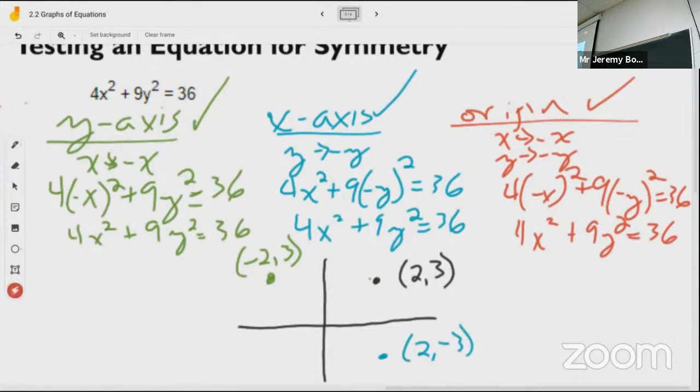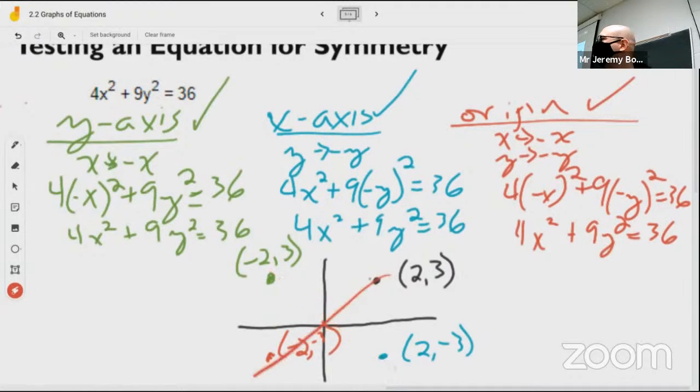Now, if this was symmetric with respect to the y-axis, that gives us this point, right? And the x-axis, which from the original point gives us this one, we'd also have a mirror image of this one here, right? Which would put us here, which would give us the point negative 2, negative 3. Notice when I drew that point, now I'm symmetric with respect to what? The origin as well, right?